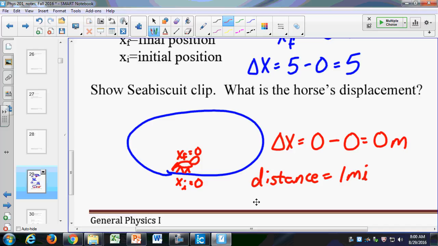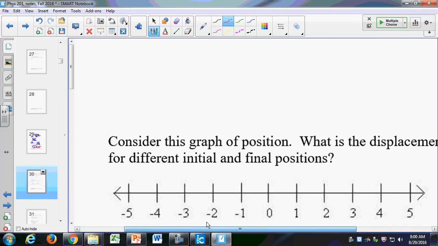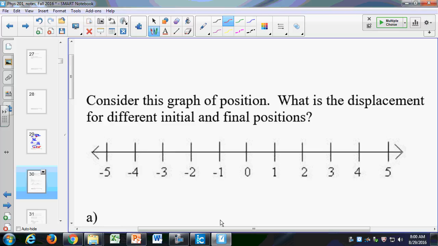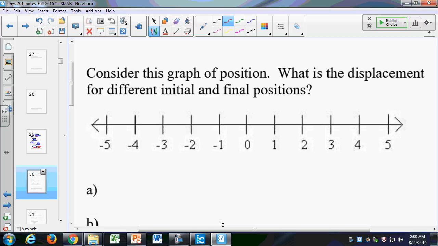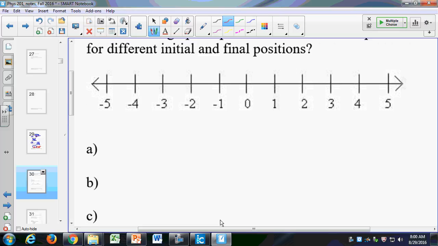All right. Let's consider this number line. We'll call it a graph of position. This is not a number line, but it just shows the position. This is a position x equals 0. This is a position x equals -3. This is a position x equals 2. So let's say that I have different initial and final positions.